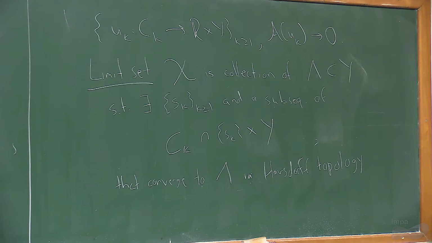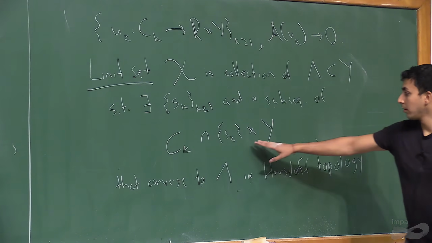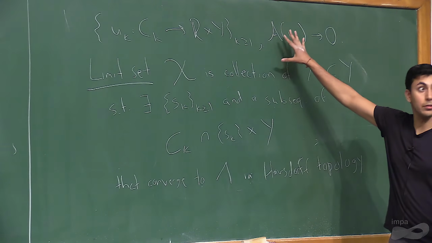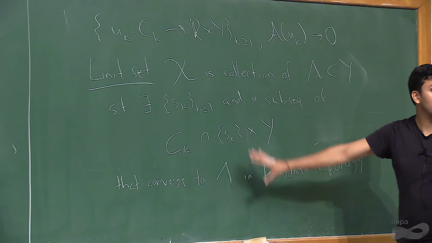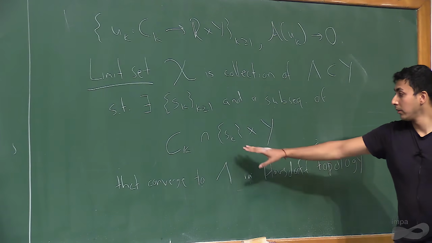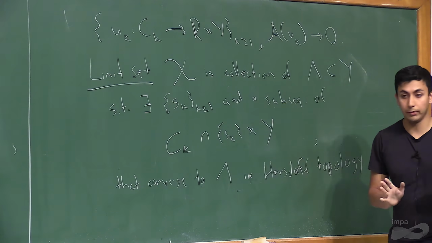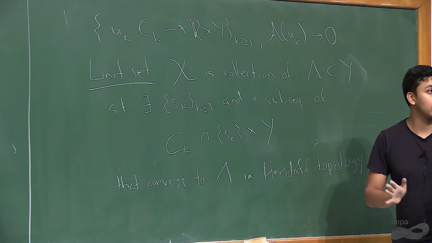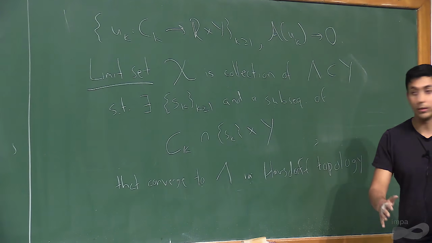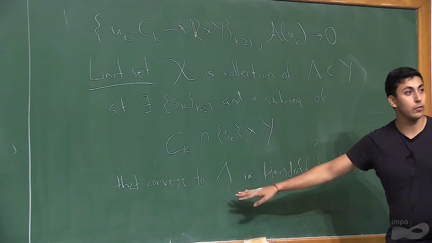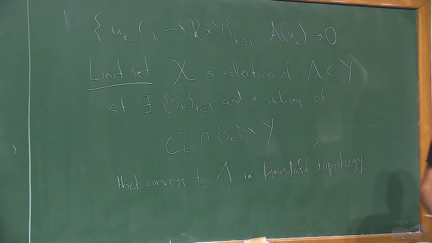So you would expect really that since the actions go to zero, these holomorphic curves get closer and closer to the Reeb vector field. So these level sets kind of get closer and closer to being trajectories or unions of trajectories of the Reeb vector field. So you'd expect that this Hausdorff limit is actually an invariant set.